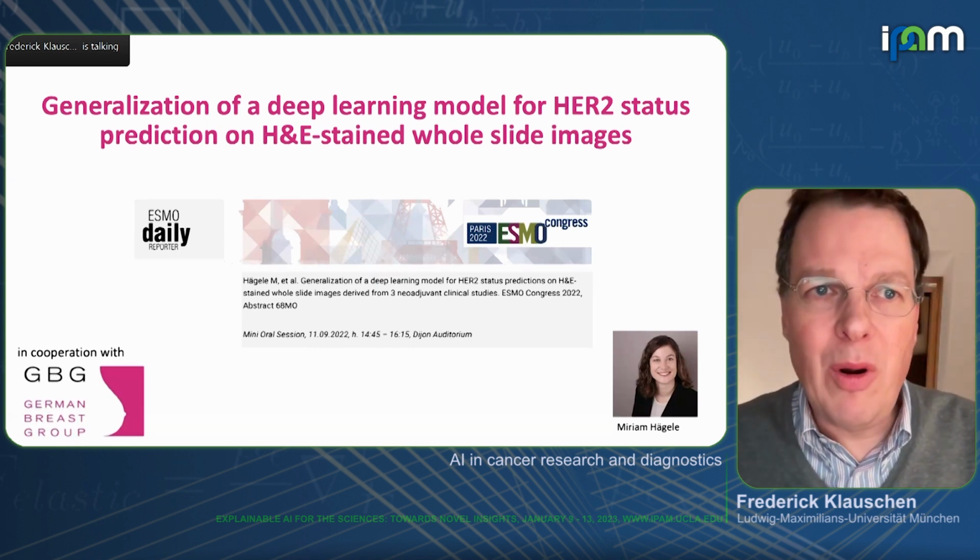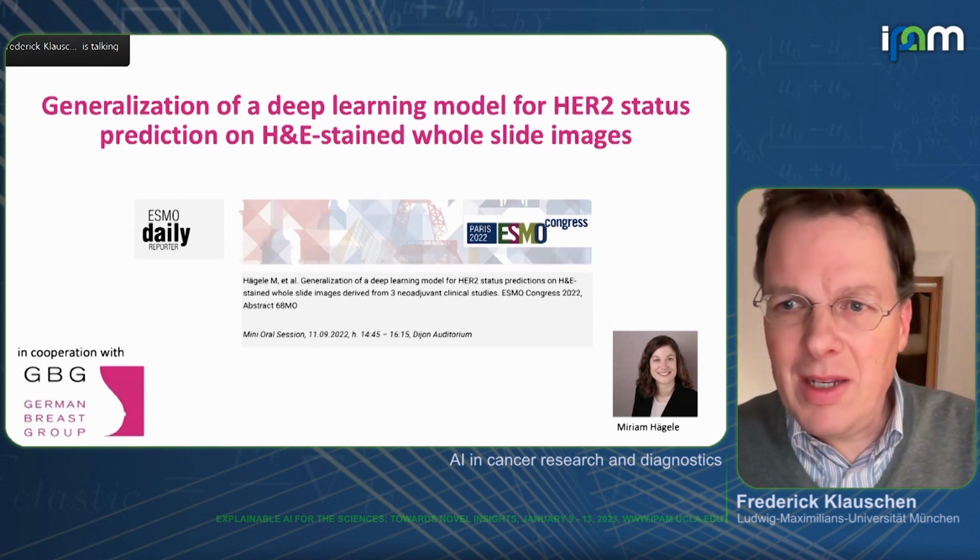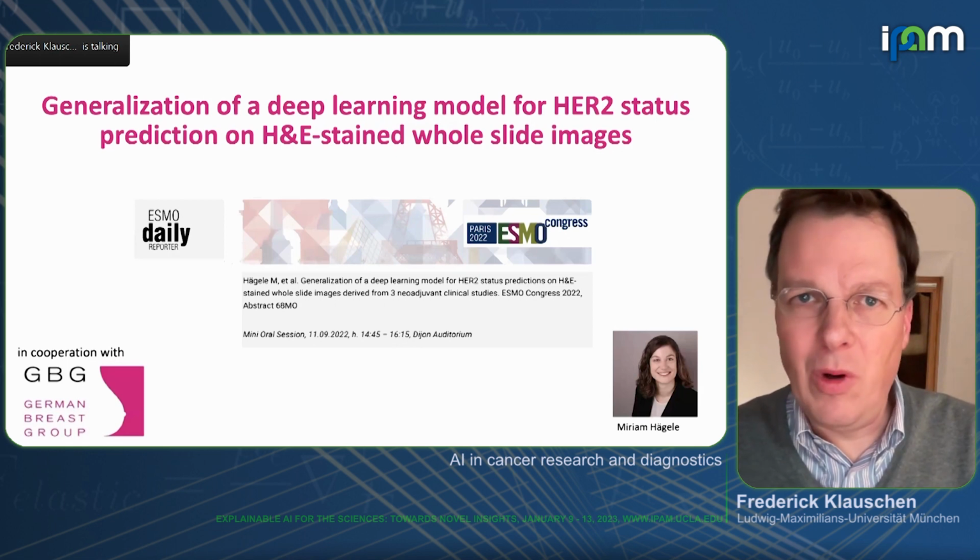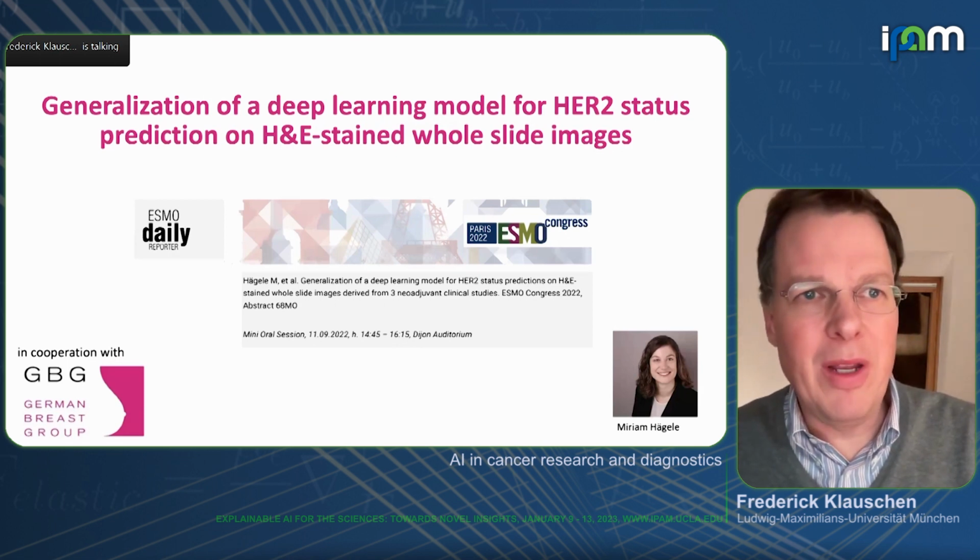And for that purpose, I want to briefly present work done by a PhD student, supervised by Klaus and also co-supervised by me partially.